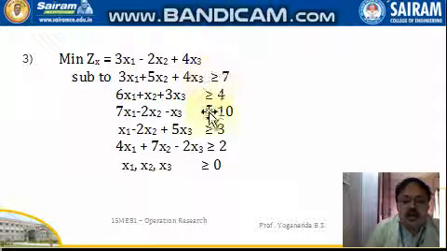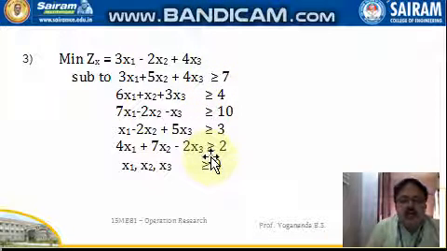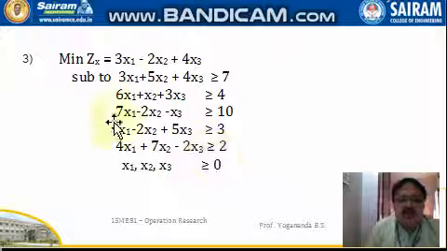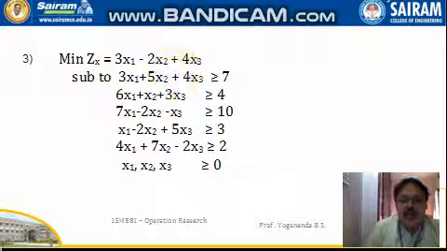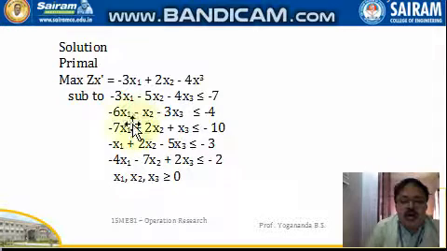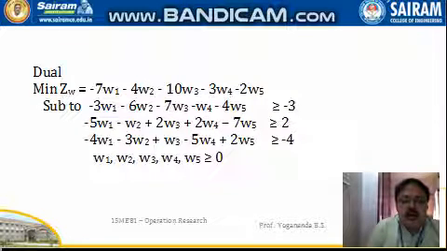Then all these greater than or equal to constraints are converted to less than or equal to by multiplying both sides by minus 1. With x1, x2, x3 greater than or equal to 0, we then write the dual.